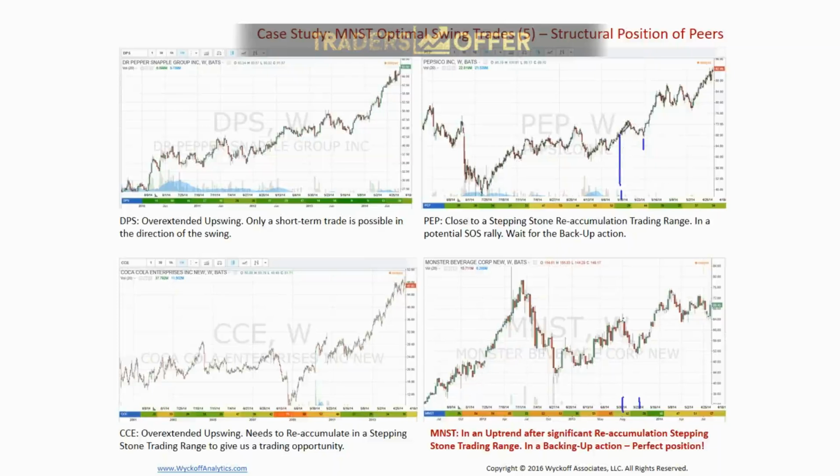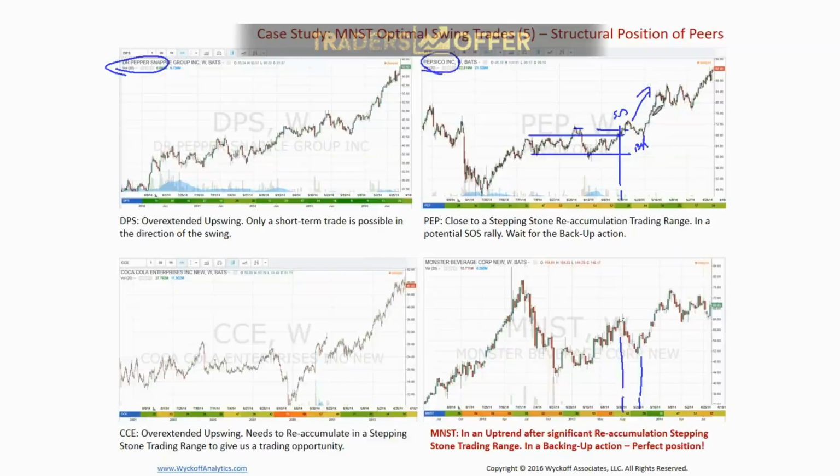So we're basically looking into this area right here, and into this area. So we're seeing a sign of strength in the backing up action, which is actually even much, much better than Dr. Pepper. So for this swing trade right here, Pepsi was much, much better.